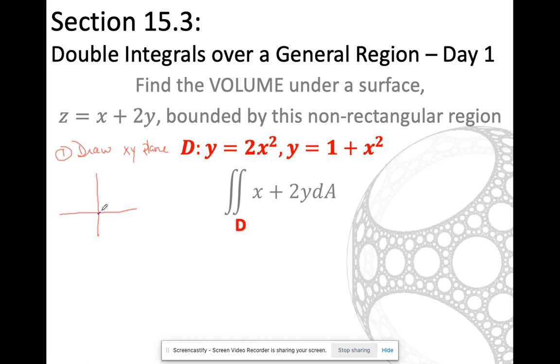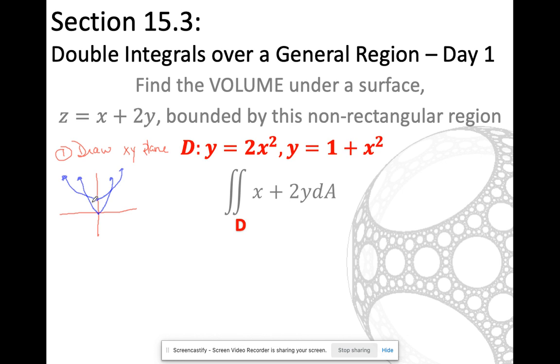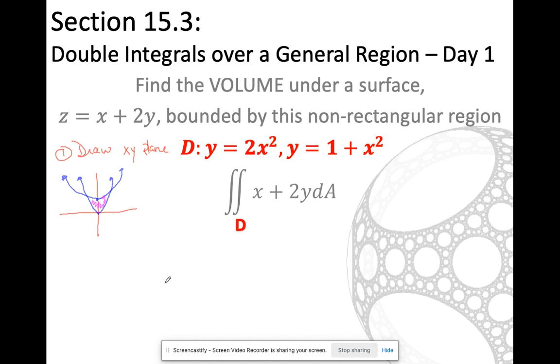Right, 2x squared kind of looks like this. And 1 plus x squared looks like that. So the region that is bounded between them is right here. So ask yourself a question. Should you draw horizontal or vertical strips through there?